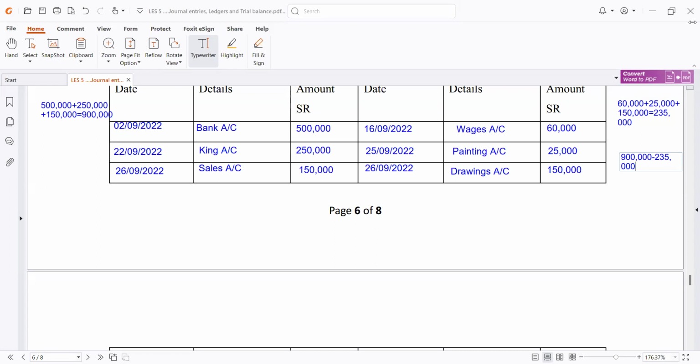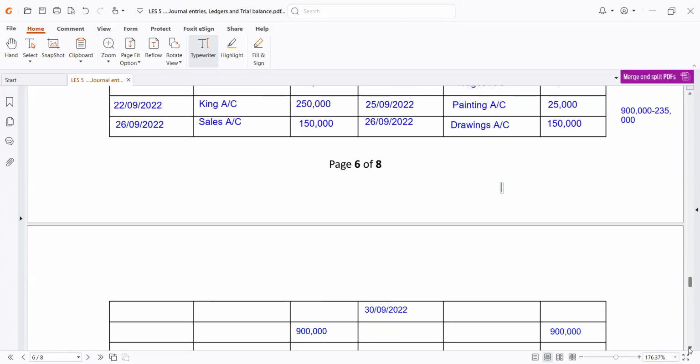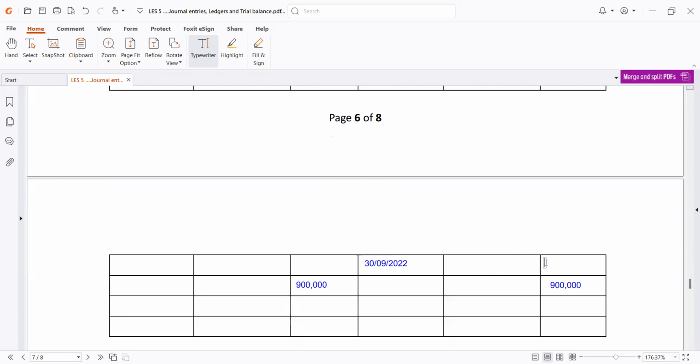So it's not plus. It's 900,000 minus 235,000. We get 665,000. So the 665,000 is what I'll write there as the closing balance, which is balance carried forward.